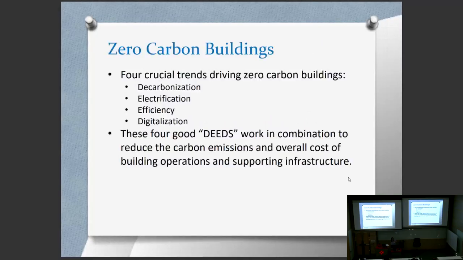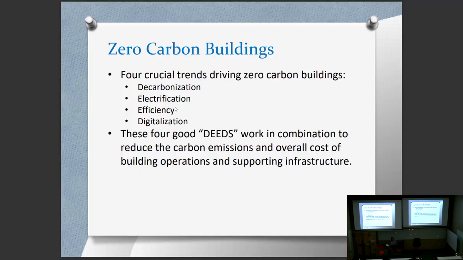So for zero carbon buildings, these are the 4 essential strategies: decarbonization, which is like renewable energy and choosing low carbon materials; and electrification, which is switching from fossil fuel to electricity, instead of heat energy, like switching to electric vehicles, switching to electric or induction stoves, switching from gas boilers to electric heaters.